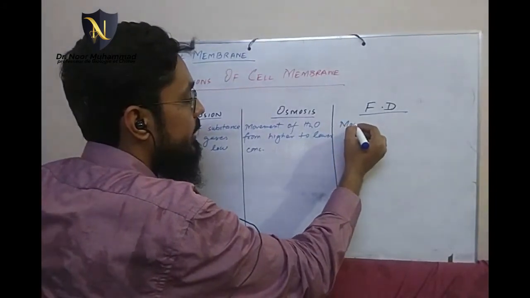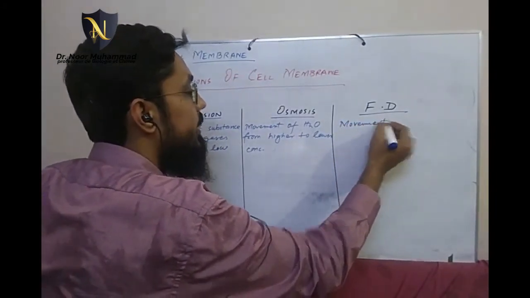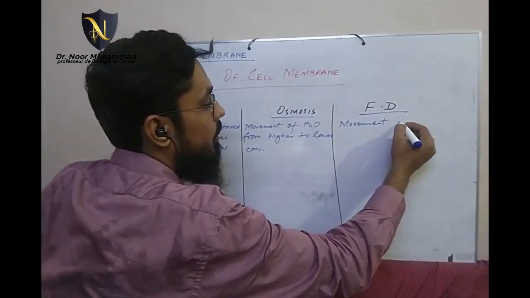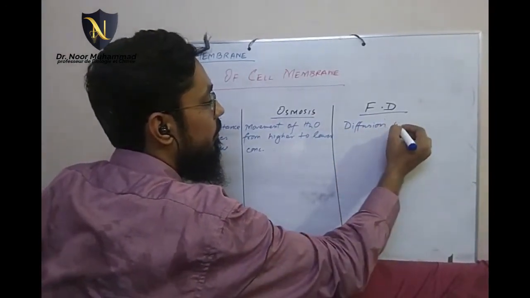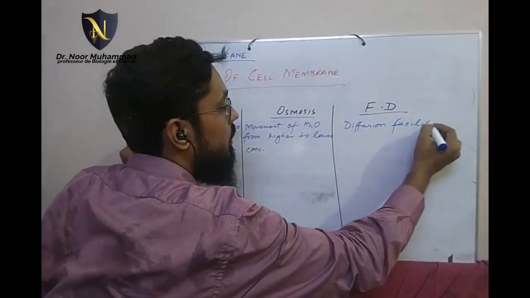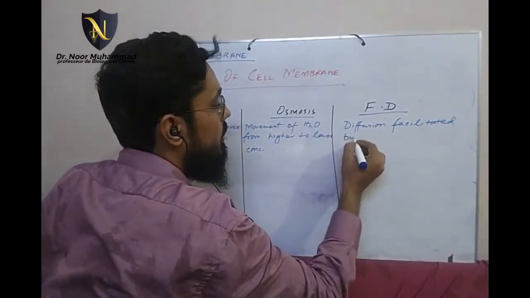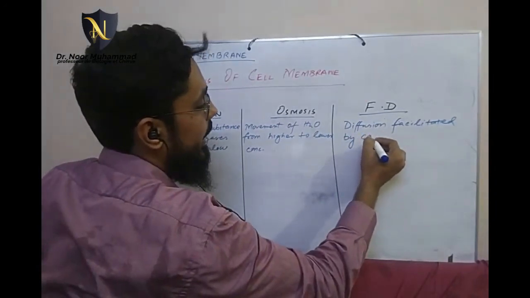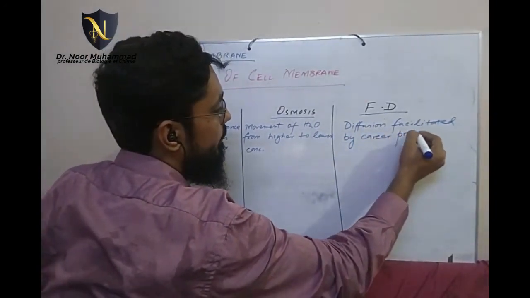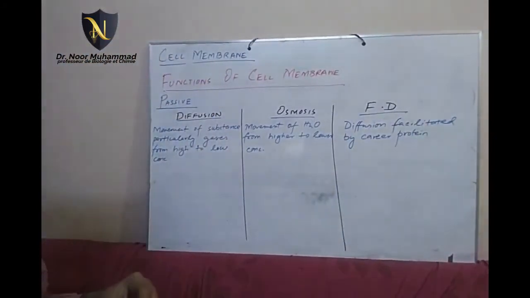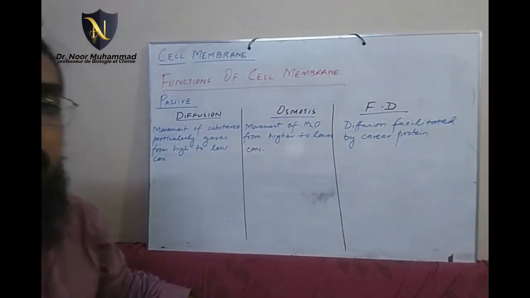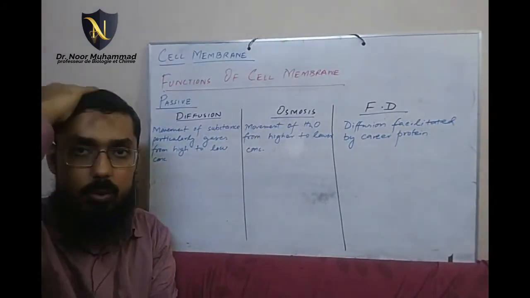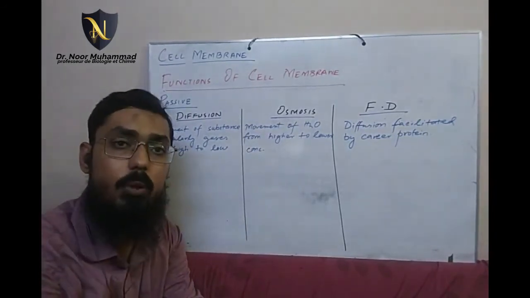ठीक है, यहां पर it is facilitated diffusion, तो it is movement, or I should define it, diffusion facilitated by a carrier protein. ठीक है, I'll show you in diagrams as well, and I'll show you the video presentation showing all these processes in a 3D form, and वो आपका बहुत ही बेहतरीन सा कॉन्सेप्ट उससे बन जाएगा.